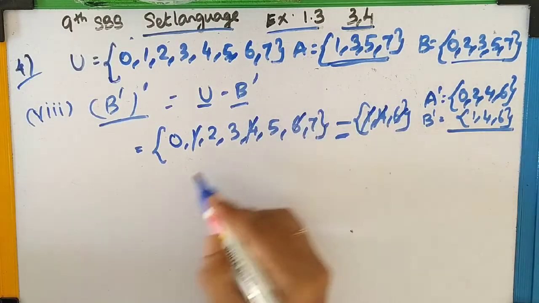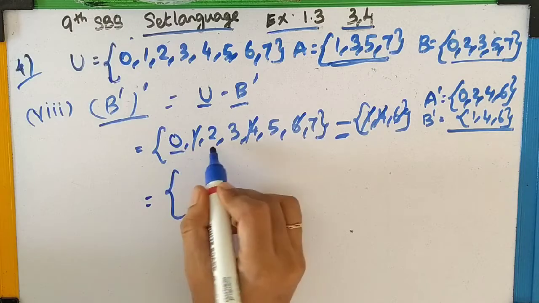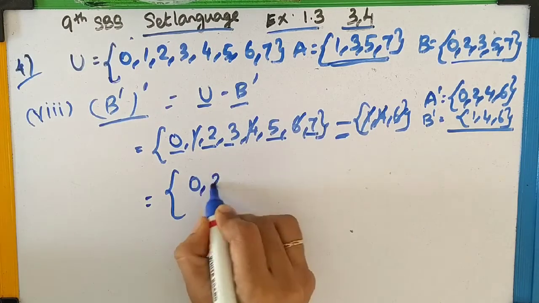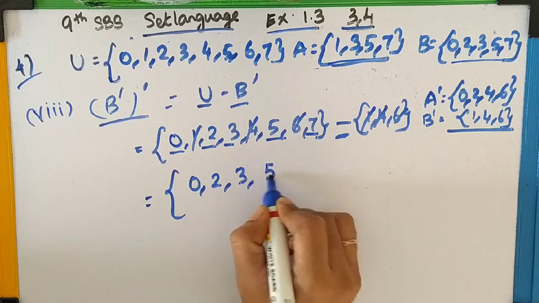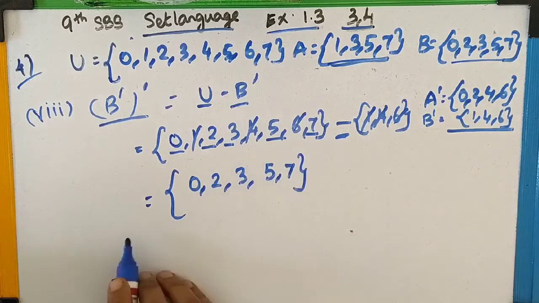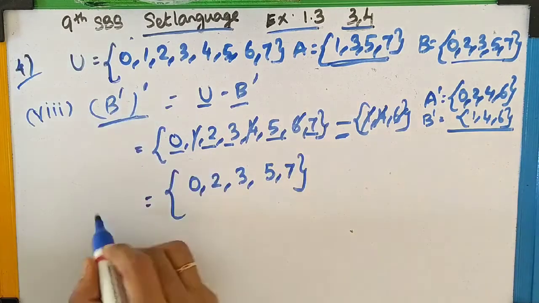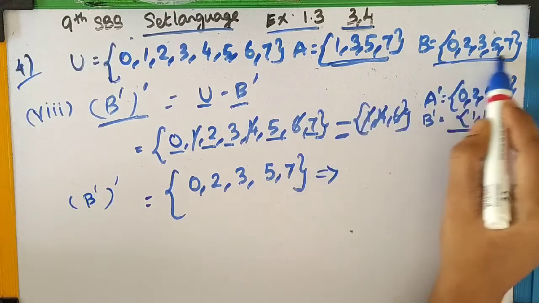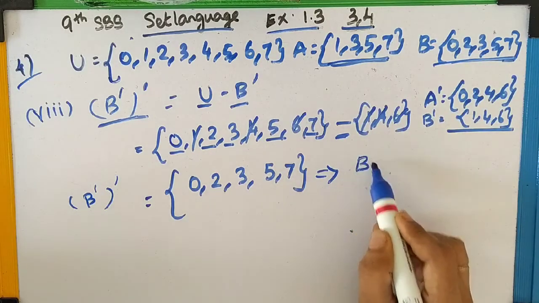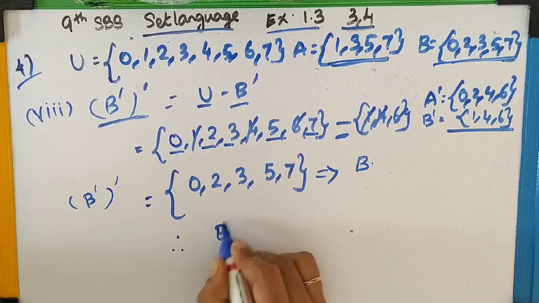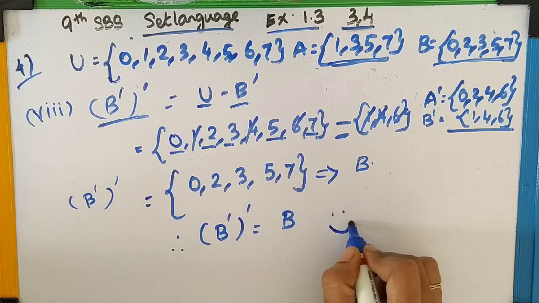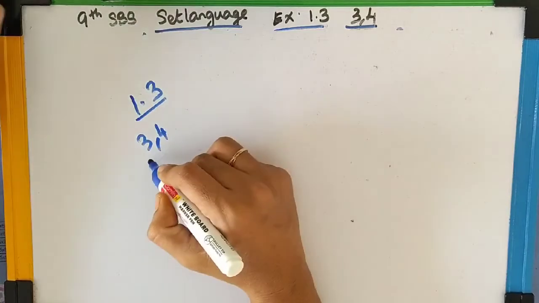We have to cancel the common elements between the two sets. 1, 4, 6 are cancelled. And we should write the remaining elements in the universal set, that is the first set: 0, 2, 3, 5 and 7. This is the B dash the whole dash. Look at this. This is exactly equal to B, isn't it? So, B dash the whole dash is equal to B and A dash the whole dash is equal to A.